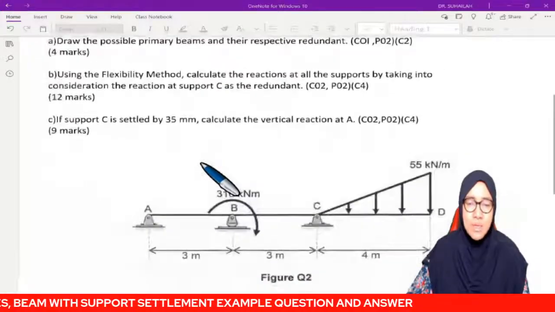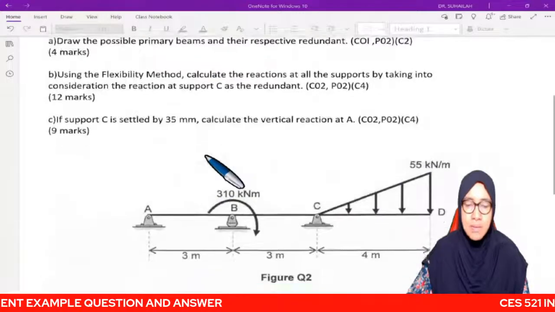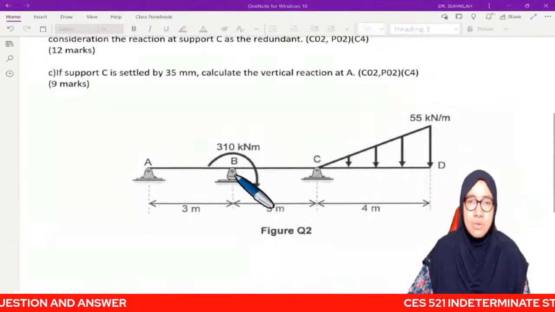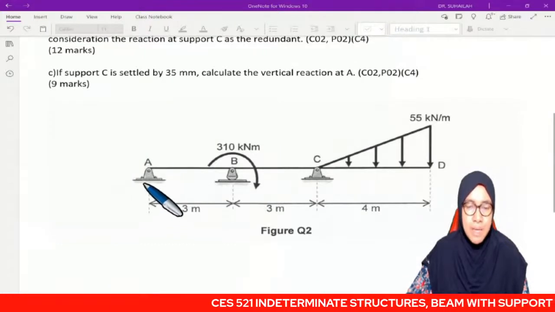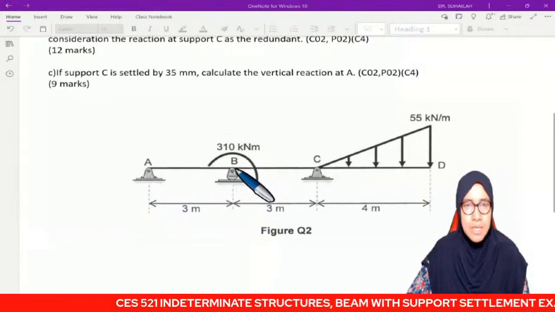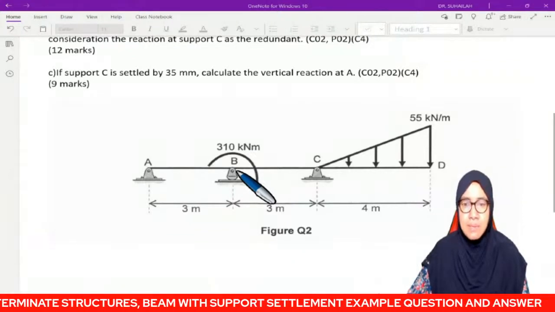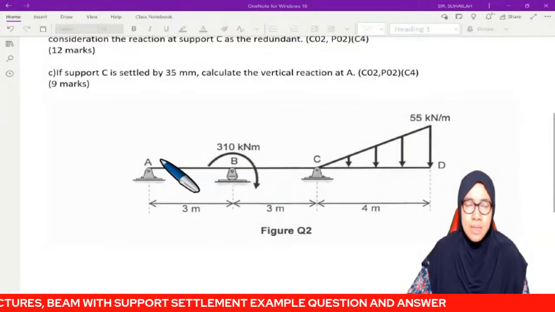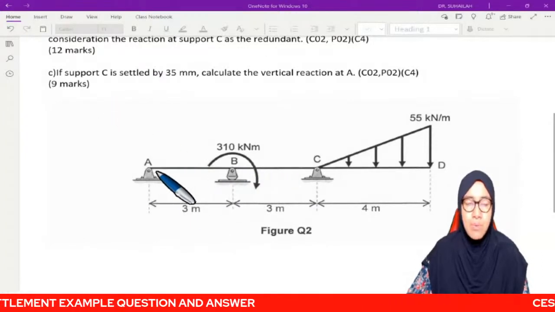So to answer question number 1, question A, let's look at the diagram. In this beam, A is pin, B is roller, and to remain stable and determinate, the structure must have one pin, one roller.